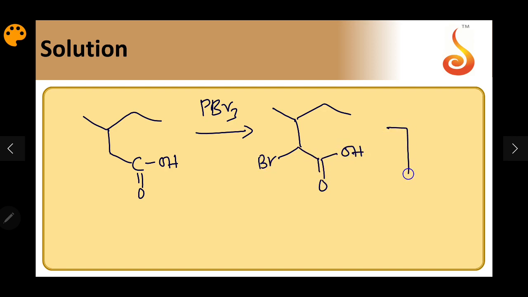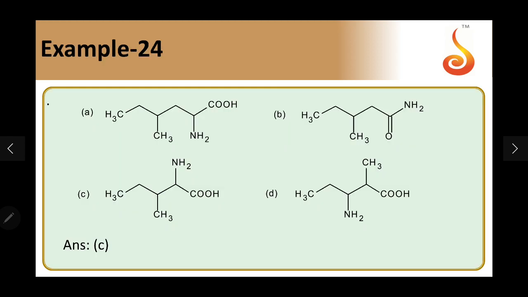So when you react this with ammonia, HBr is eliminated, and you are going to get NH2. An amino acid is obtained. This is the end product. So we'll see the options. You can see clearly, the NH2 COOH option C matches with the given requirements. Example 25.